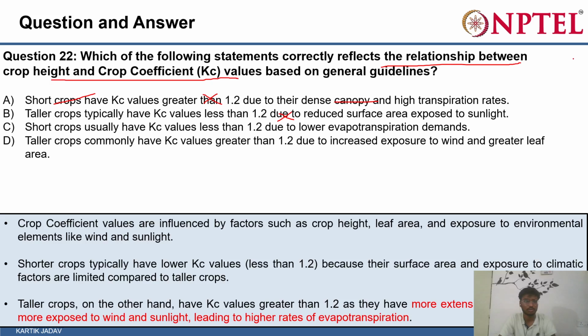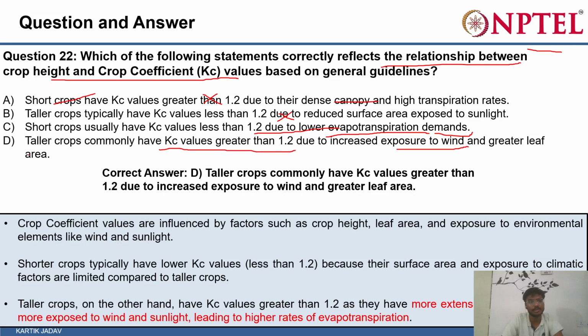Short crops usually have a Kc value less than 1.2 due to lower evapotranspiration demands, and taller crops commonly have a Kc value greater than 1.2 due to increased exposure to wind and greater leaf area. So this option D correctly represents the situation.